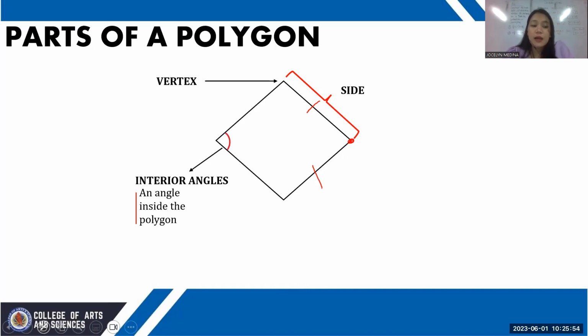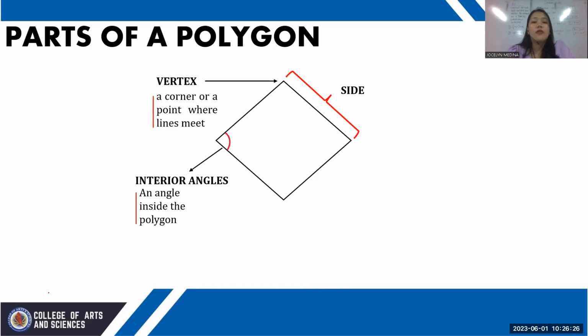Another one, magkatabi, this is one side, and this is another side. Yung point na nagkonekta sa kanila is another vertex. So, pag magkatabi yung sides, the point where they connect is what you call vertex. Ilan ba yung vertex natin dito? Meron tayong 1, 2, 3, and then 4. So, 4 din yung vertex natin. 4 yung interior angles, 4 yung sides, 4 yung vertex.